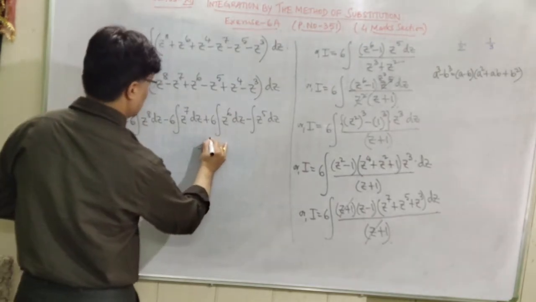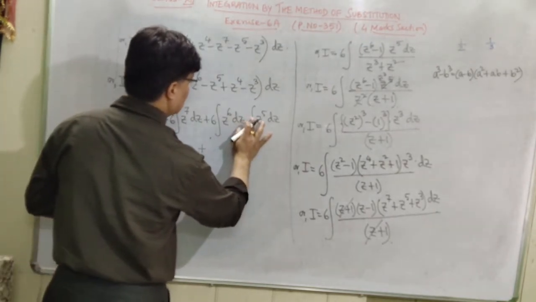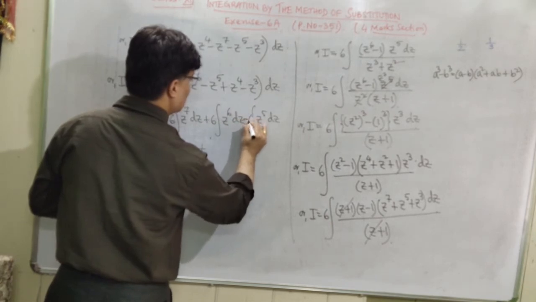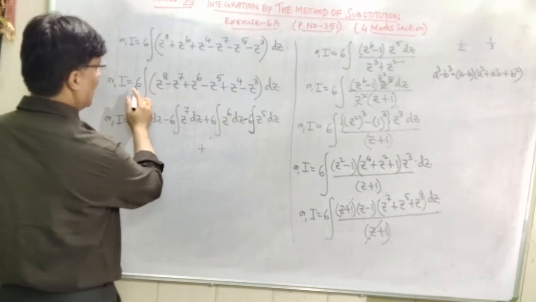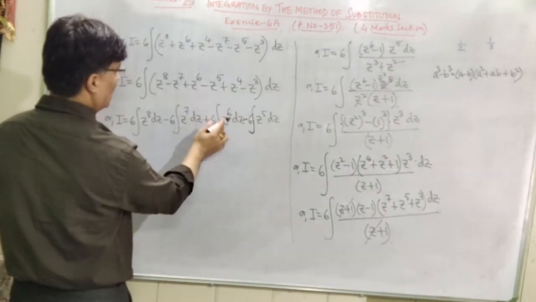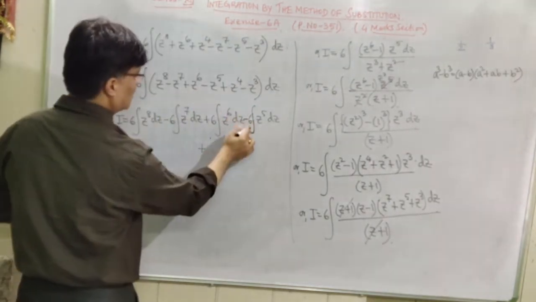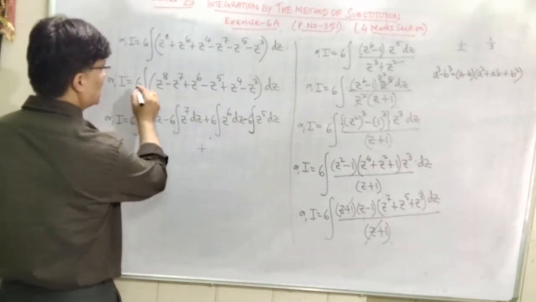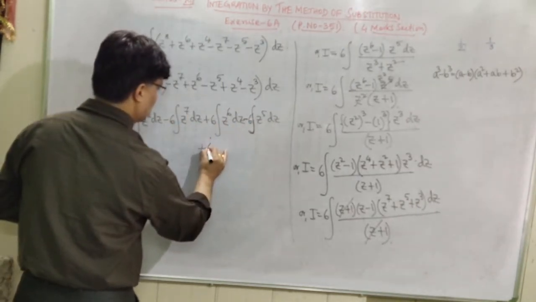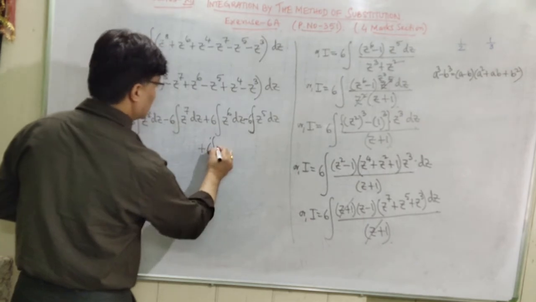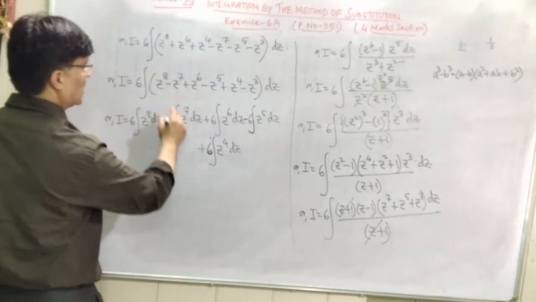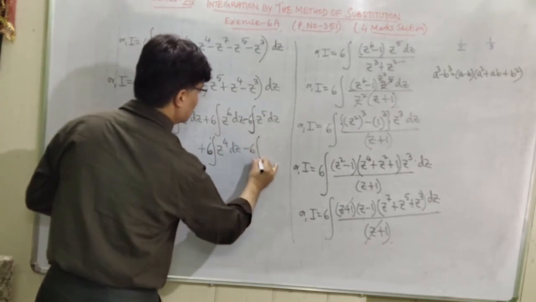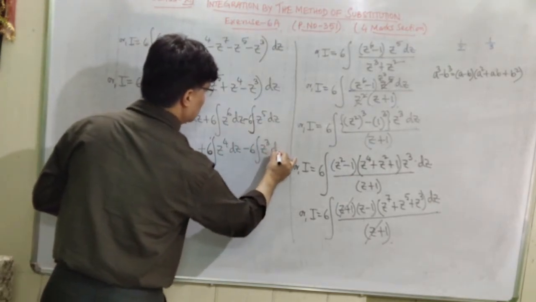So minus 6 integration of z to the power 5 dz, plus 6 integration of z to the power 4 dz, and the last one is minus 6 integration of z cube dz.